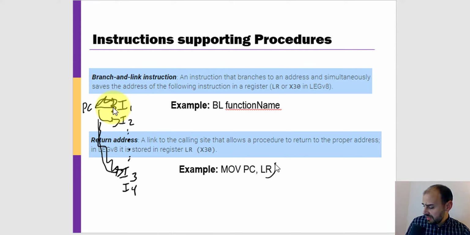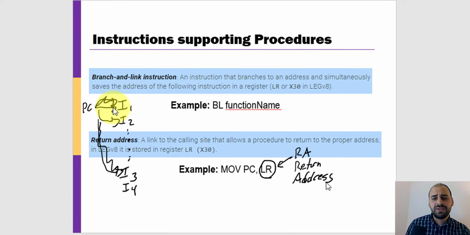Despite the name being LR, we're going to refer to this as, oftentimes you see this in other architectures as RA for return address. This is the return address, keeping track of what called the function. Somewhere in the code the function was called.